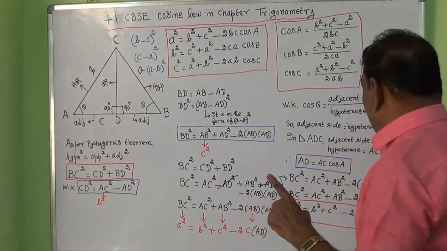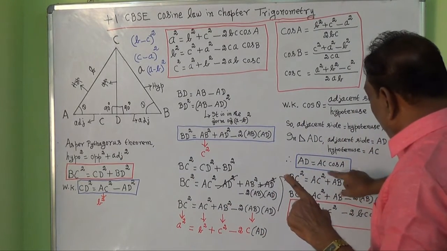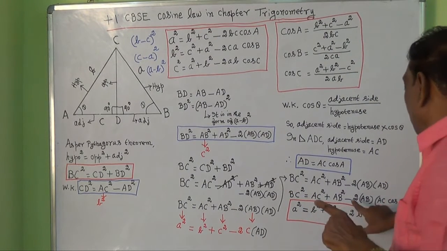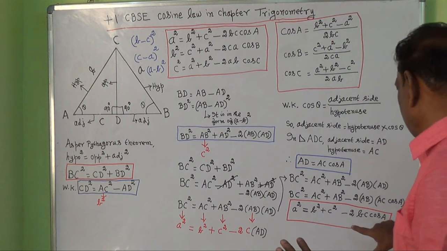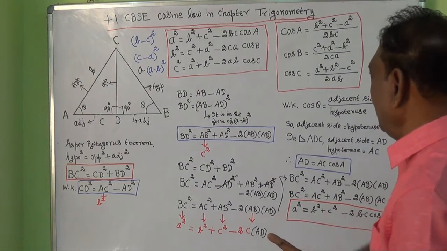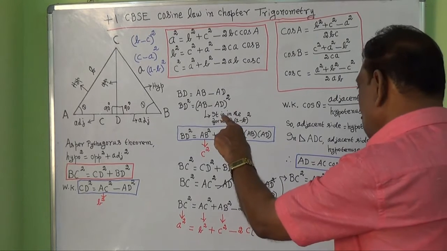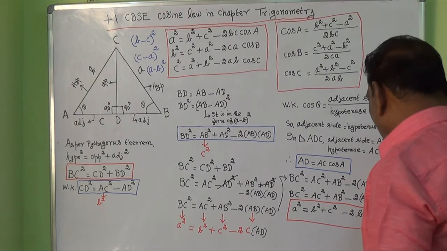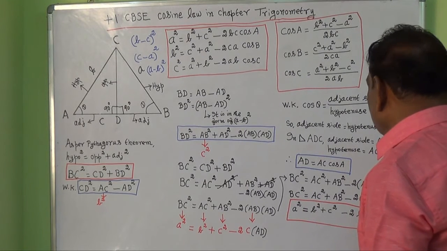So that the AB square can be written as c square, minus 2 is written as it is, and AB, the side AB represents the side c, so that we are writing c in the place of AB. Then what is AC?